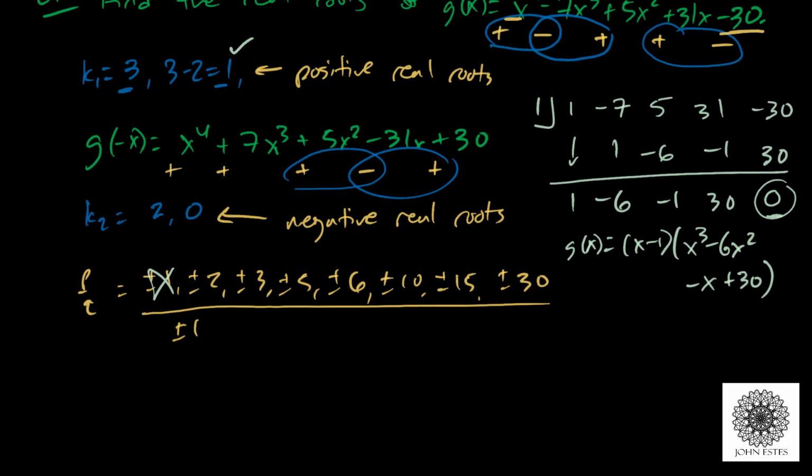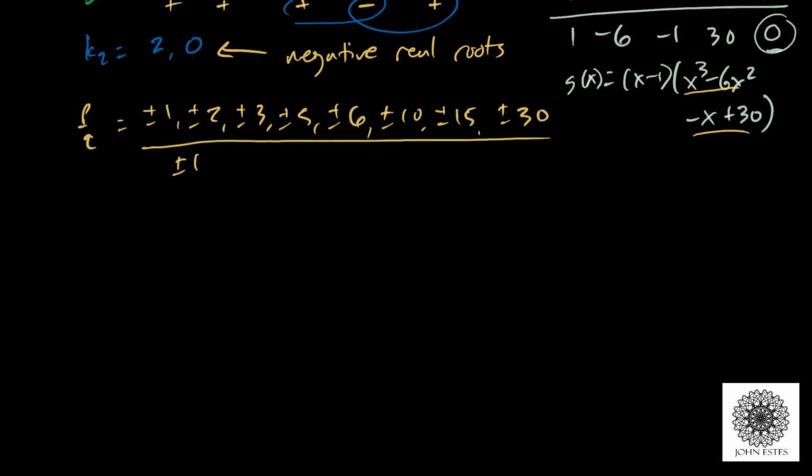Okay, so we're going to try to find some more zeros, but now that we've already found 1, I don't have to divide all of this. I can just divide the cubic part. All right, so let's try negative 1 and see how that goes. So I'm going to divide 1x cubed minus 6x squared minus 1x plus 30.